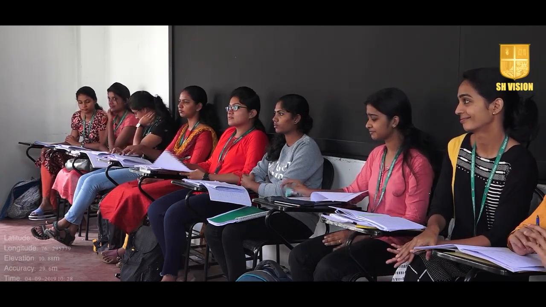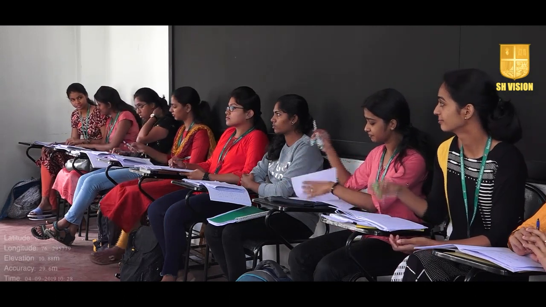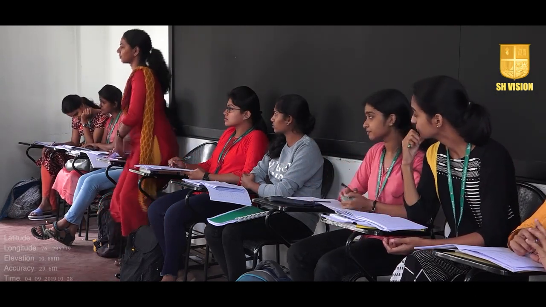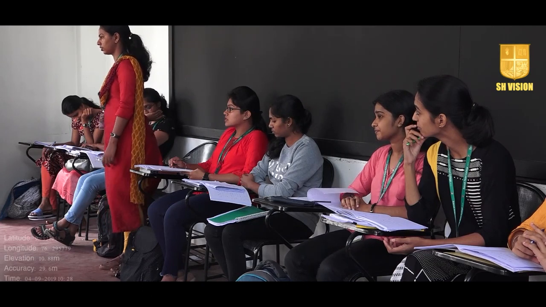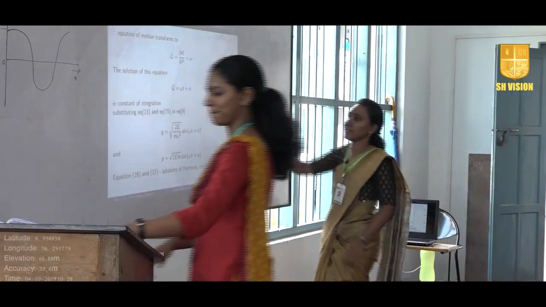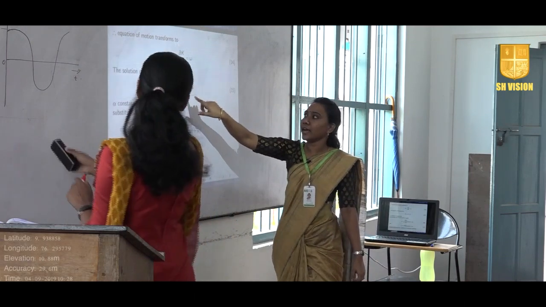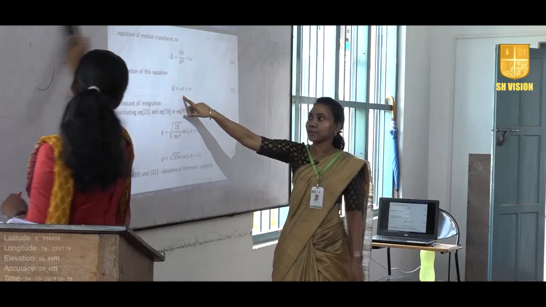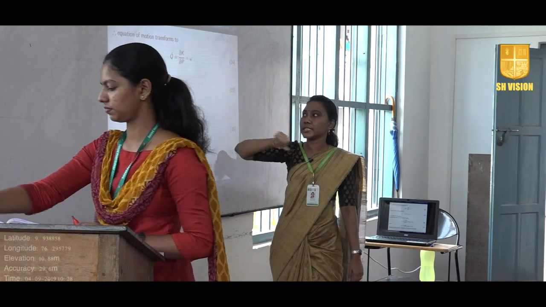And now can you plot the new coordinate Q? What will be the new coordinate? You can see this is your new coordinate. You have to plot capital Q versus time.